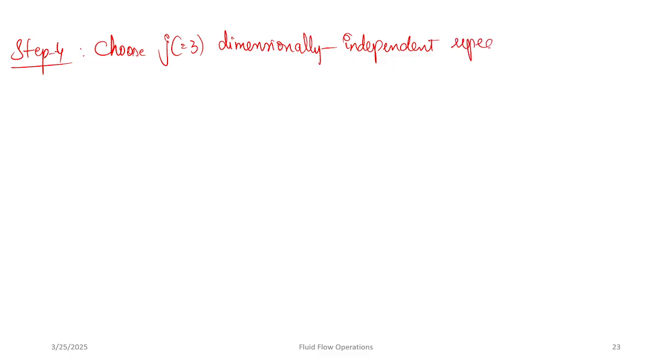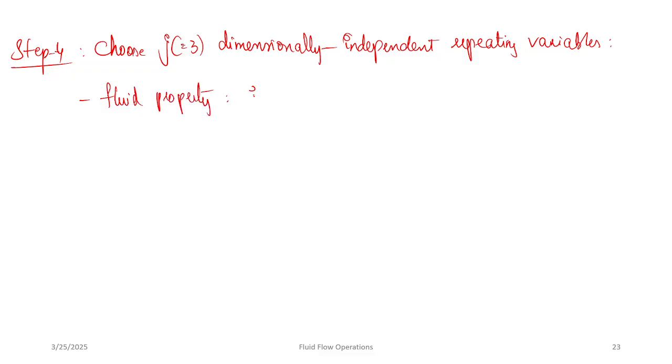Choose j dimensionally independent repeating variables. So first one is fluid property, right?